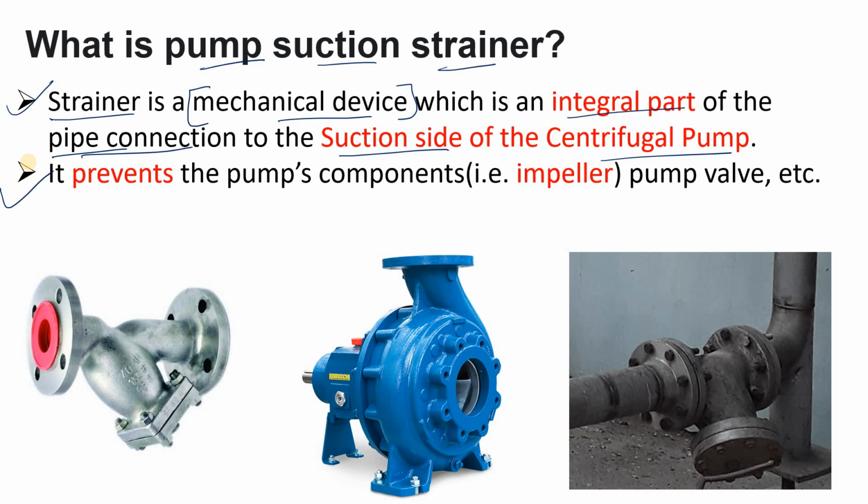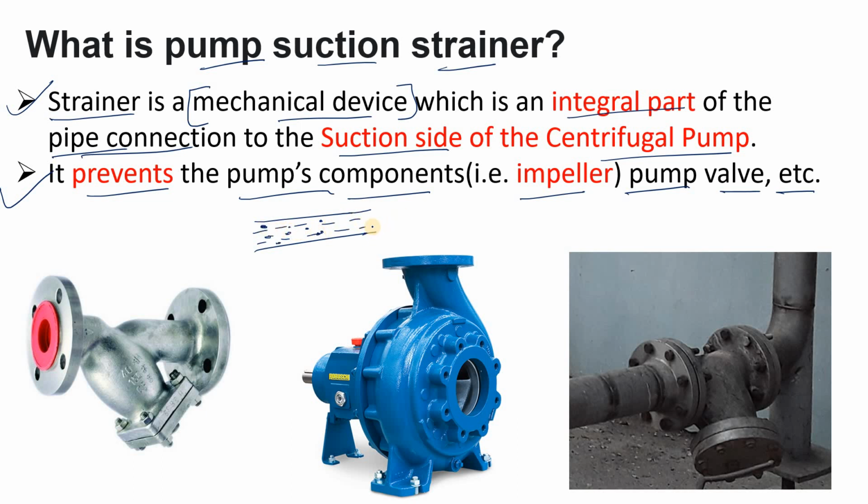The function of the strainer is that it prevents the pump's components like the impeller and pump valve from foreign particles, lumps and solid particles. Suppose you have a fluid flowing in this line, and in this fluid there are solid particles, which may be metallic, and lumps.